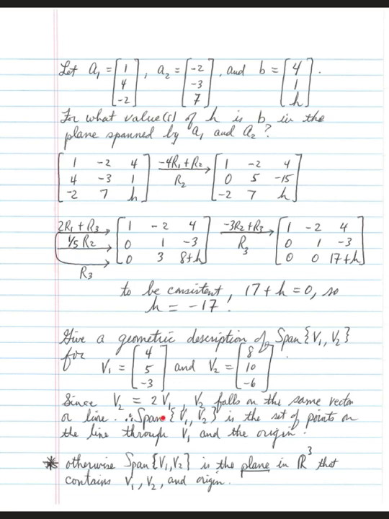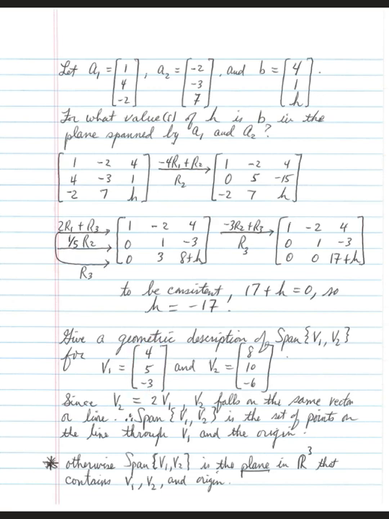Therefore, the span, if you ever see 3 dots lined up like that, that just means therefore. Therefore, the span of these 2 vectors is the set of points on the line that goes through V1 and the origin.